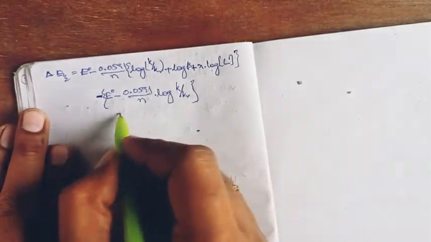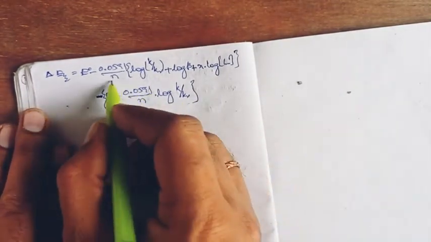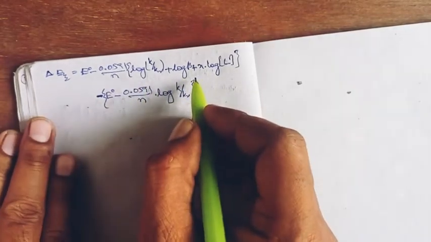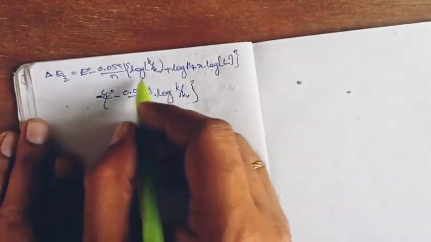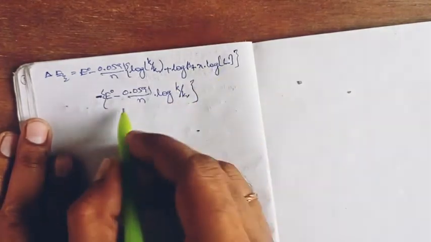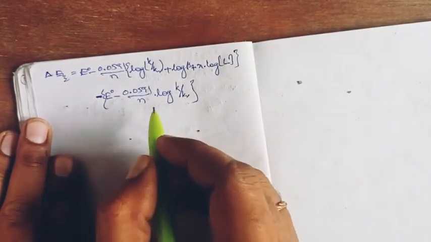This is the term from equation number 7 and this is the term from equation number 14. It is the half-wave potential of the complex, and the half-wave potential of the simple metal ion.